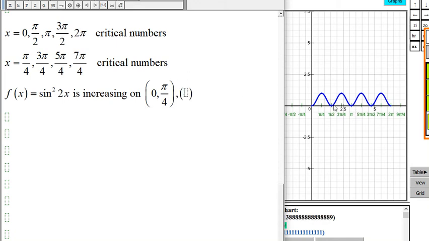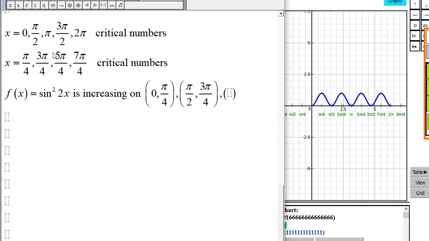And then the next interval where the graph is increasing is pi over 2 to 3 pi over 4. And then the next interval would be pi to 5 pi over 4.